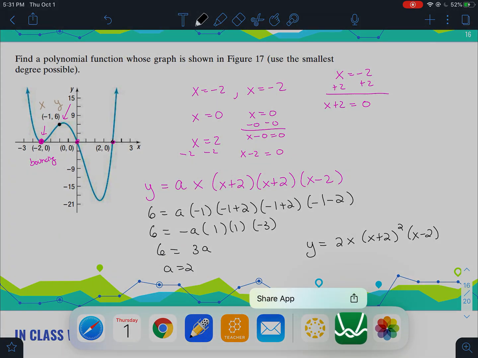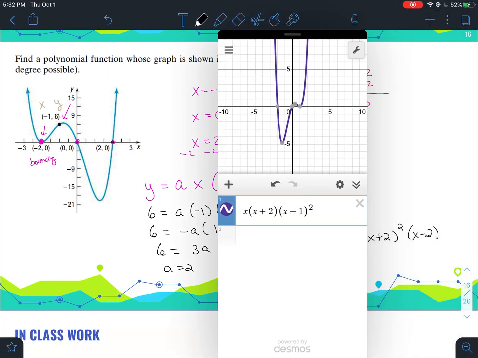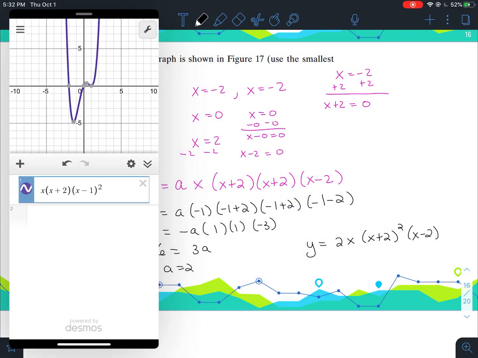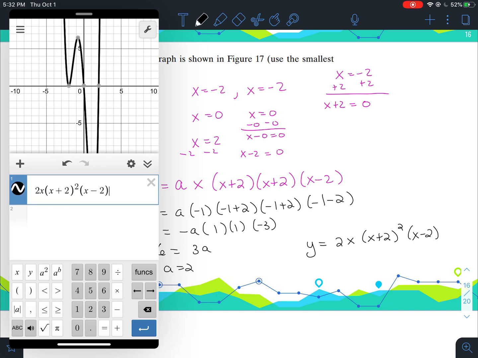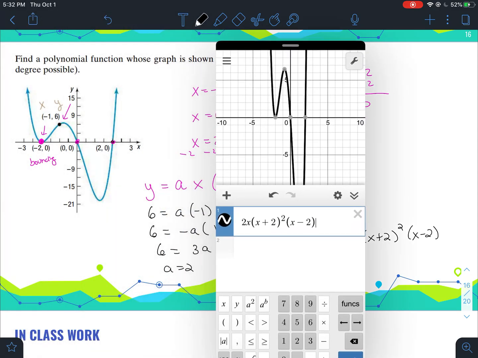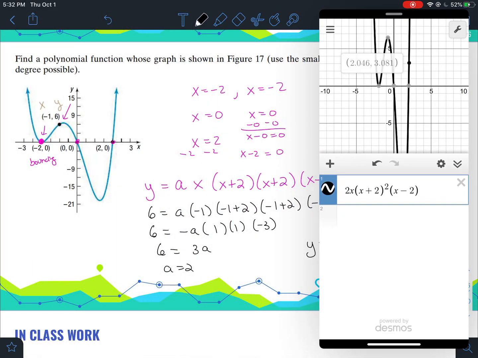So let's test that on Desmos and see how closely it matches our picture. We had 2x times x plus 2 squared times x minus 2. If we look at that compared to our other graph, it looks pretty decent.